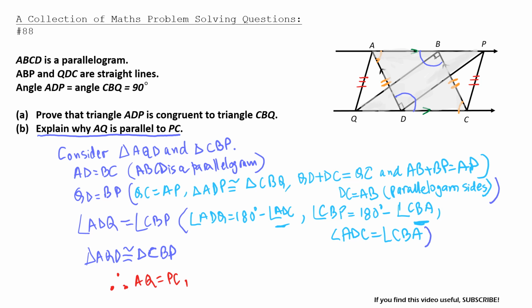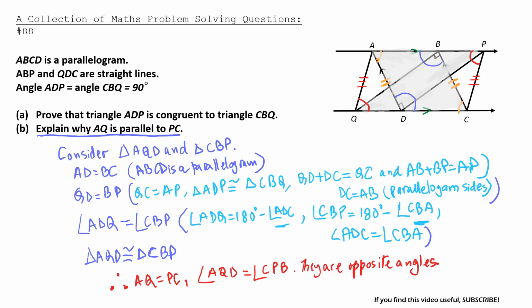So this was the including angle that we proved equal, and two sides and including angle. And so triangle AQD is congruent to triangle CBP. So this is done, it's congruent. Now what that means is AQ equals BC, and I think you know the rest.